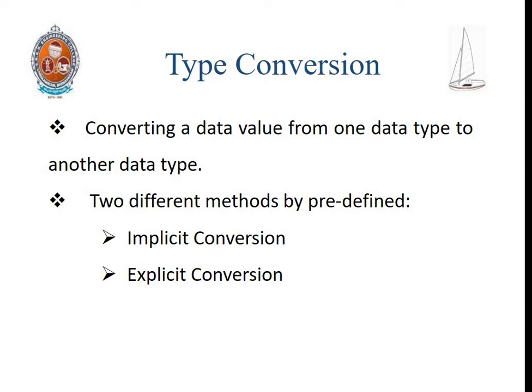In predefined data types we have two types of conversions. One is implicit type conversion, which is called automatic type conversion, and another one is explicit type conversion.